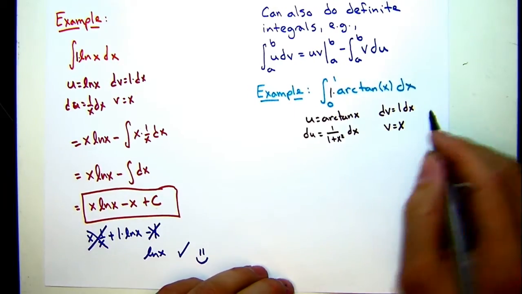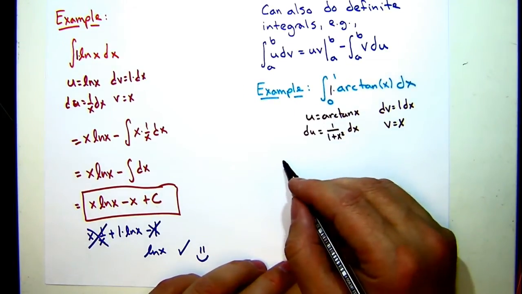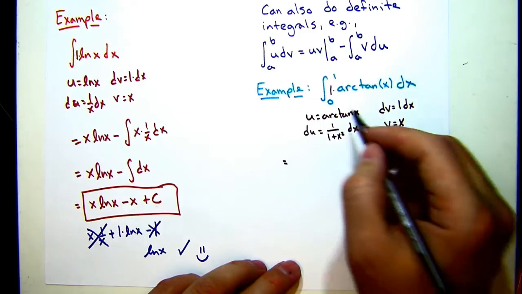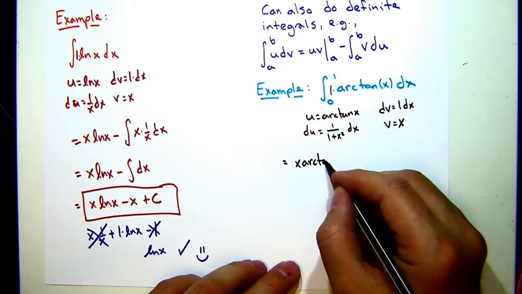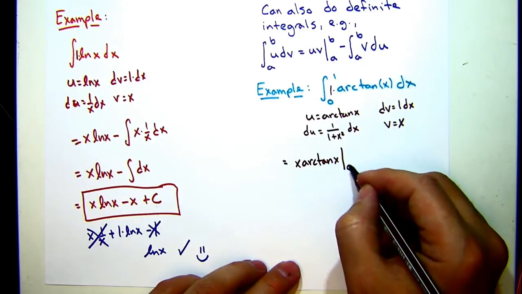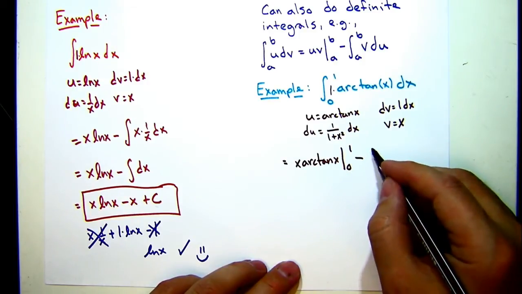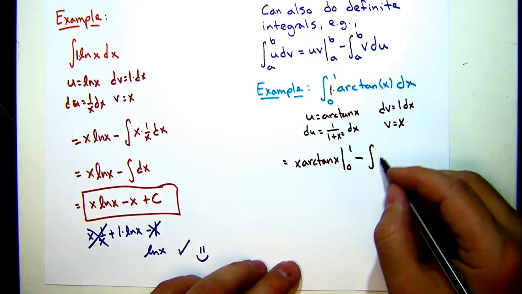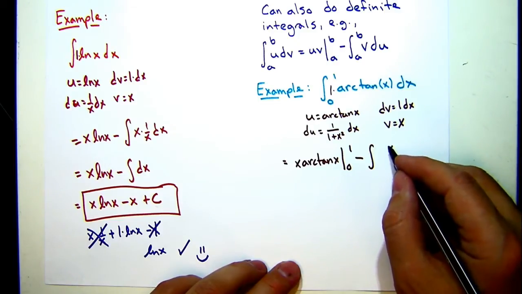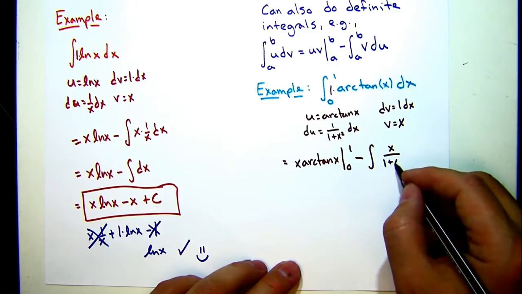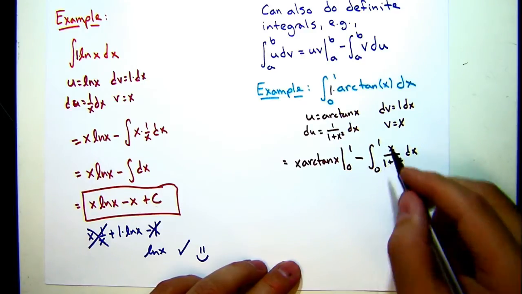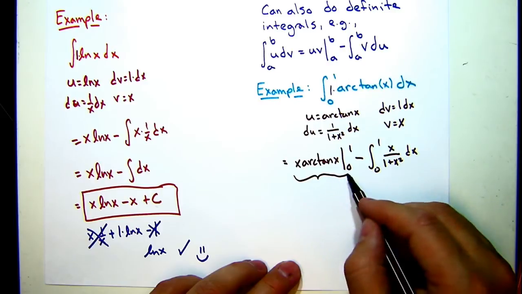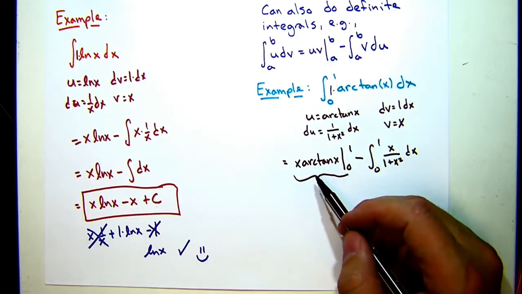And v, integral of 1, is x. Okay, good. So this is going to be u times v, x arctangent x from 0 to 1, minus the integral of v du, x over 1 plus x squared dx, integrating from 0 to 1.